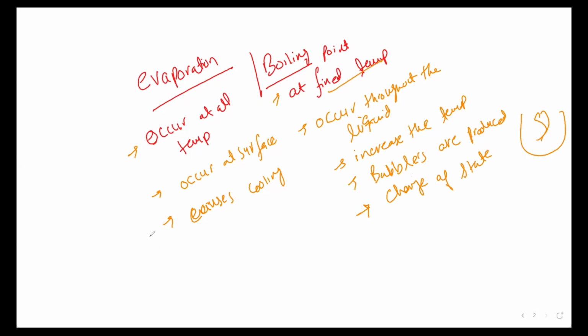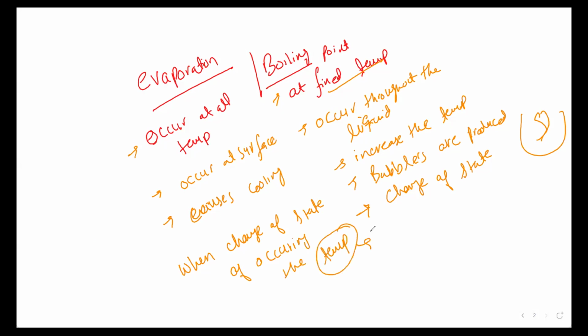We already have discussed in the kinetic molecular theory that when change of state is occurring, the temperature of the system remains constant, because all of the heat energy given is utilized to break or weaken the intermolecular forces.